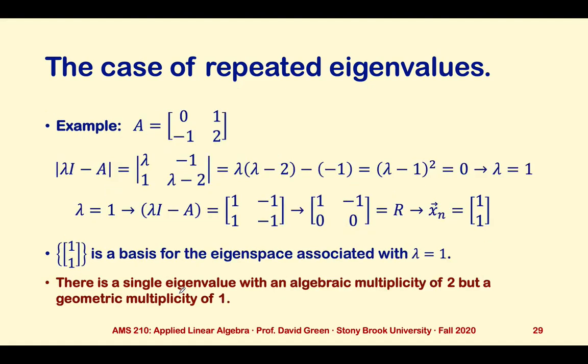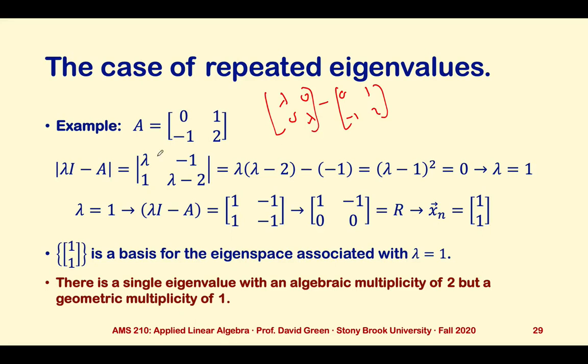Let's go through a couple of examples to get us a feeling for this. Let's take the example of A, given this matrix here. This is one of the matrices we looked at in a previous example for computing eigenvalues and eigenvectors, I believe. When we look at this matrix, we can compute a characteristic polynomial. We have the determinant of lambda, 0, 0, lambda minus 0, 1, negative 1, 2.